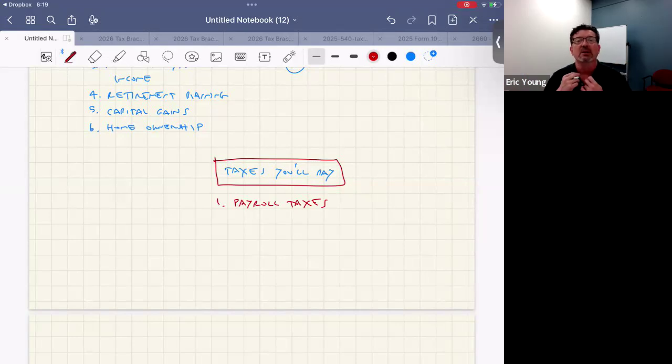It's a tax that's based on the amount that you earn in your wages. These payroll taxes are also called Medicare taxes, or Social Security taxes, or FICA taxes, or OASDI taxes.